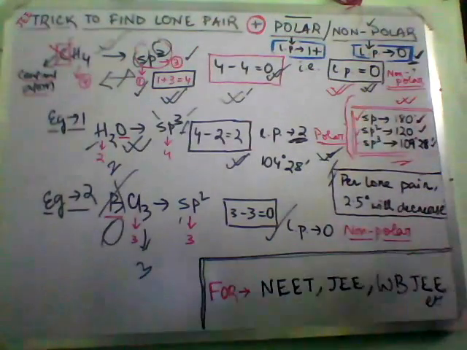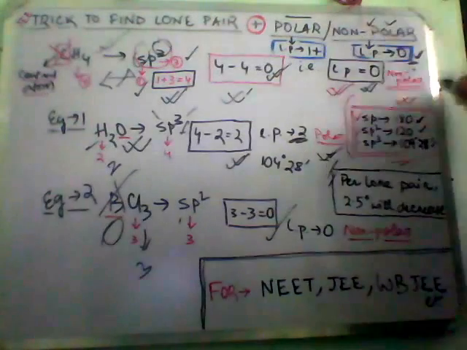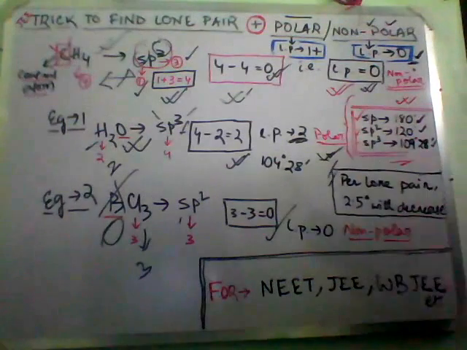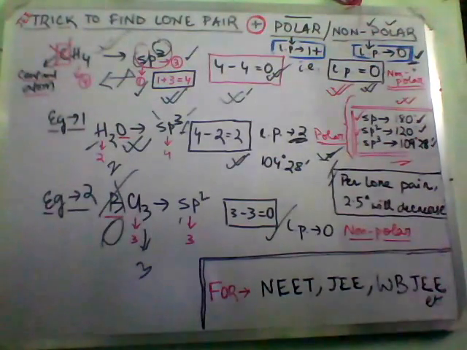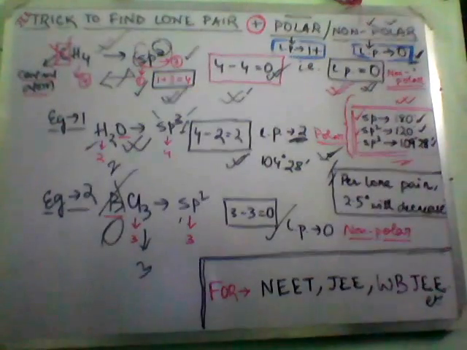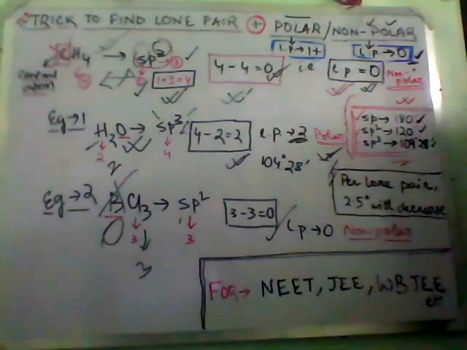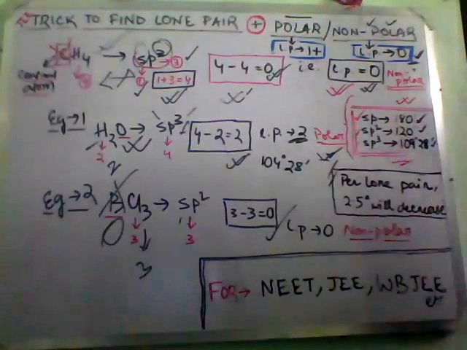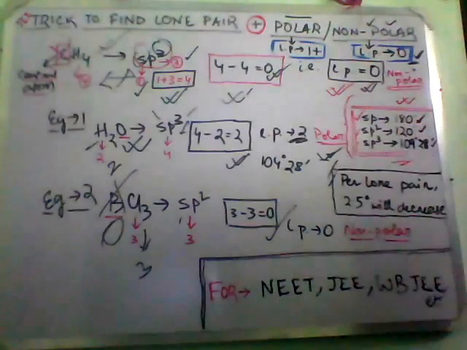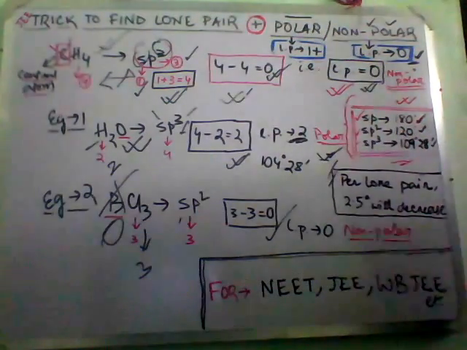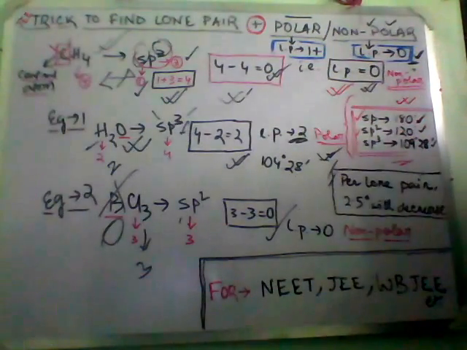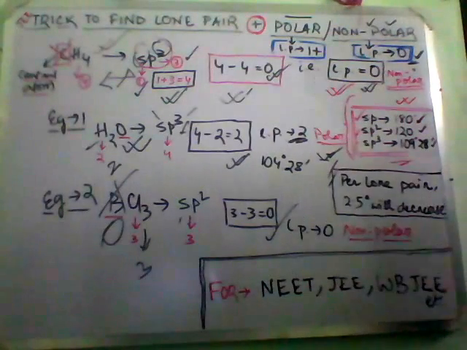And what does that mean? 0 means it's a non-polar compound. It's a very simple trick and you can solve many questions on this, and if it's carrying 4 marks in both JEE and NEET, 8 marks is for sure if you use this trick. I will solve more examples on this in the next video.